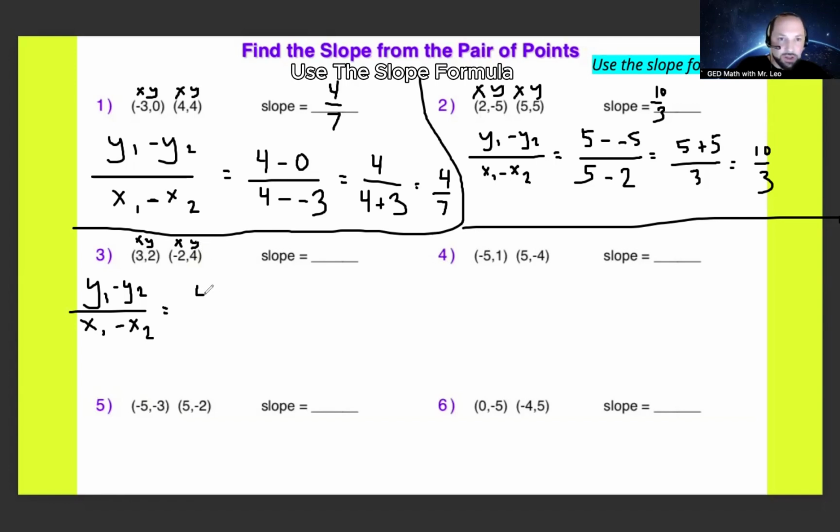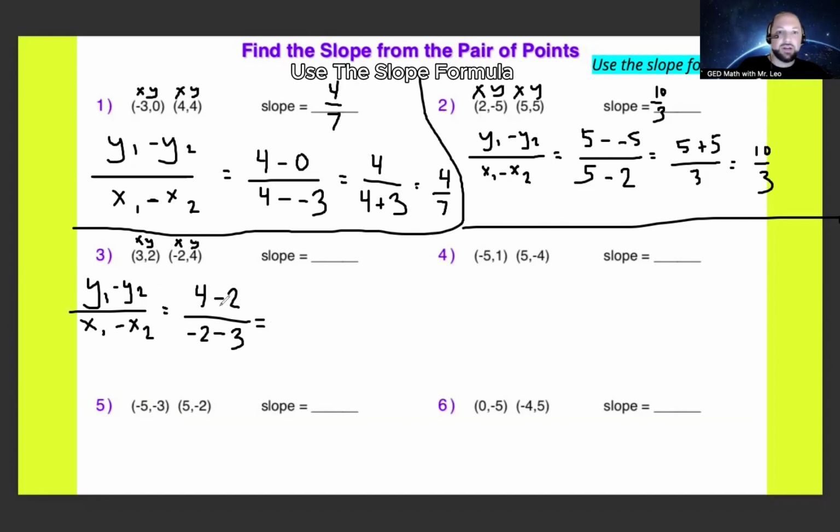That's a 4. So this y minus the other y, that's 4 minus 2. And down below, it's the corresponding x, that's this negative 2. Subtraction from the formula, and then I have a positive 3. And let's just double check here. Y minus y over x minus x.